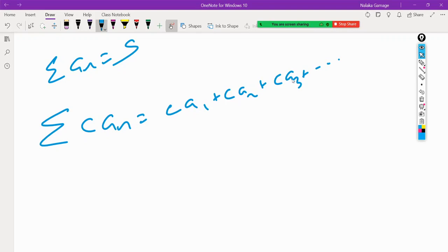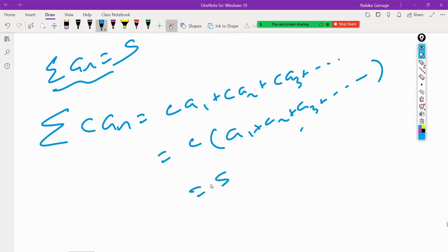Now you can see C is common everywhere, so we can take C out: C times (a1 plus a2 plus a3 and so on). That a1 plus a2 plus a3 is your sigma an, which is S. So therefore this is C times S. That is very simple logic.